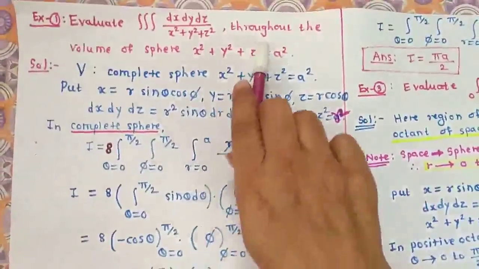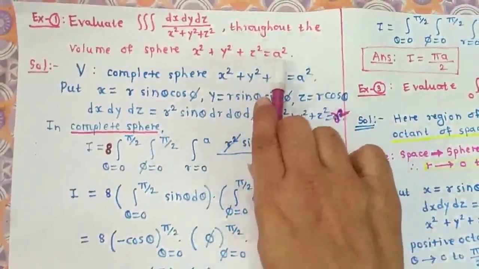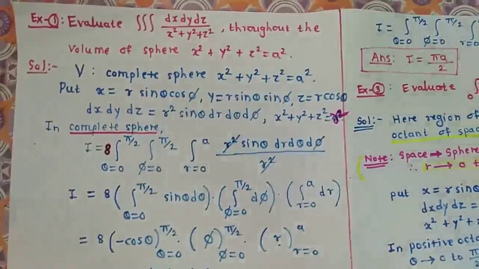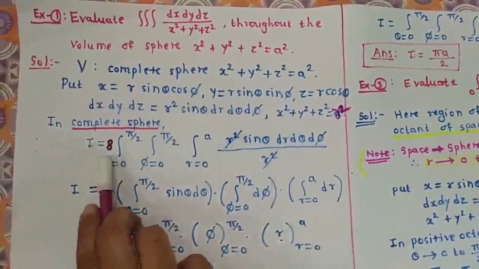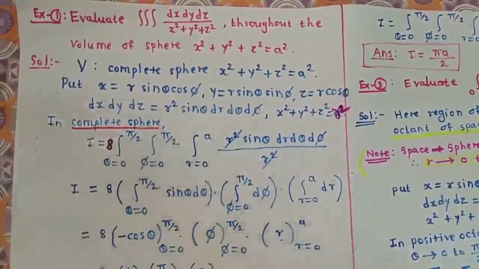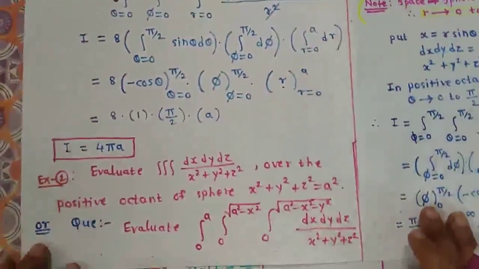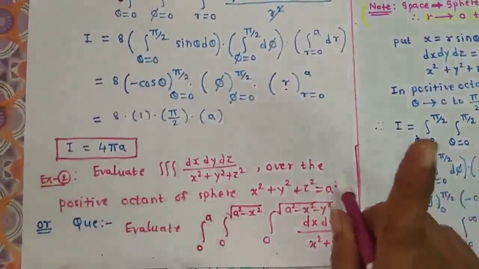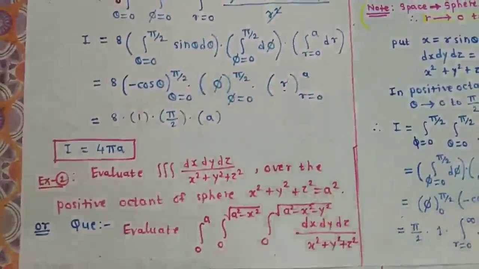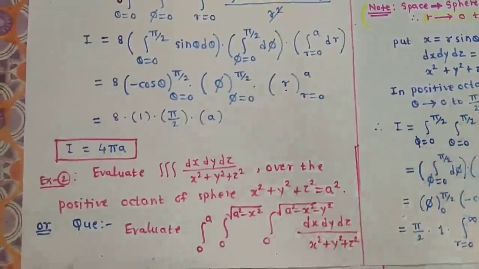But in the previous question, the region of integration was the complete sphere of radius a, and for the complete sphere we took 8 times the triple integration. But in this second example, we are going to evaluate this integration on only the positive octant, which means we take the integration only one time, and the rest of the things remain as they are. Okay, so you may try it for homework.